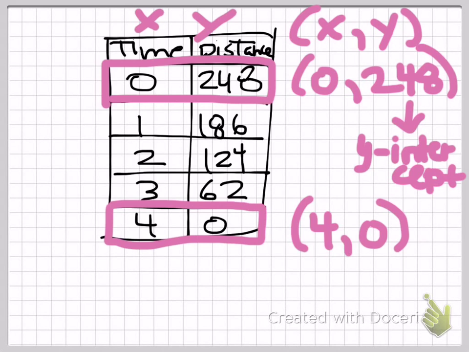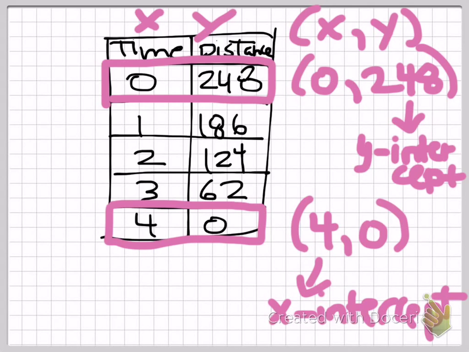And then since your y-coordinate for the last ordered pair is 0, that makes 4 your x-intercept. So basically what you're looking out for is when one of the coordinates is 0, if you're trying to pick out which is your x-intercept and which is your y-intercept.